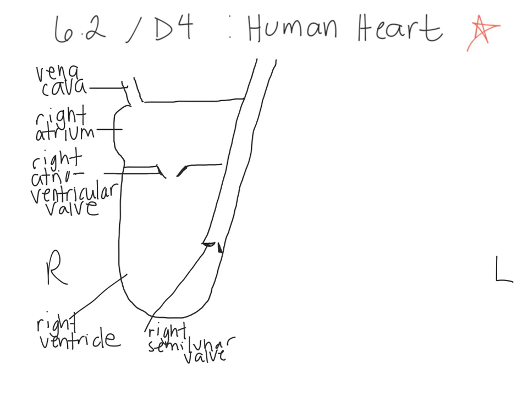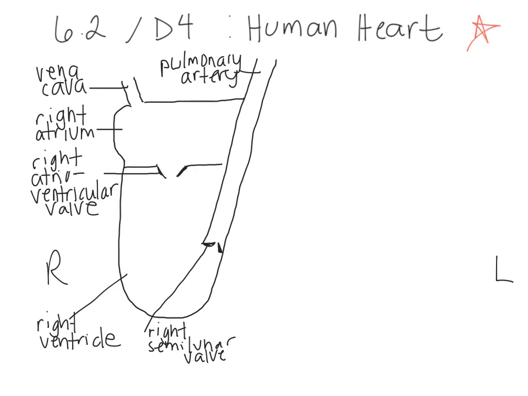And that blood is going to go through this blood vessel called the pulmonary artery. It's leading away from the heart, so it is an artery. Pulmonary meaning towards the lungs. It's deoxygenated blood. It's going to go to the lungs. It's going to pick up some oxygen, and it'll return back to the heart later.